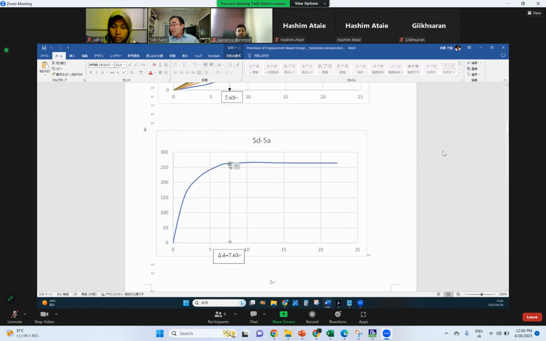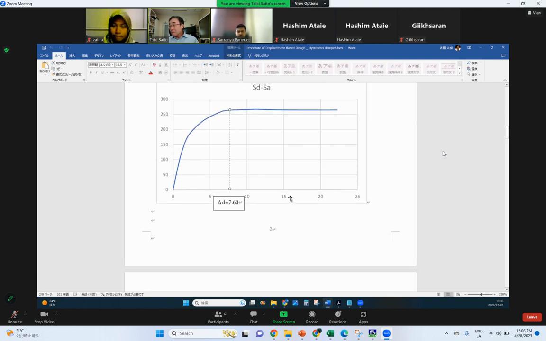And we want to know how much damping we can expect for the building, the equivalent damping at this point. So we must know the ductility factor of the member at this point. To know the ductility factor of the member, we push the building up to this target displacement and we check the ductility factor.